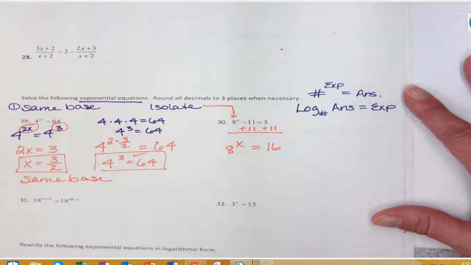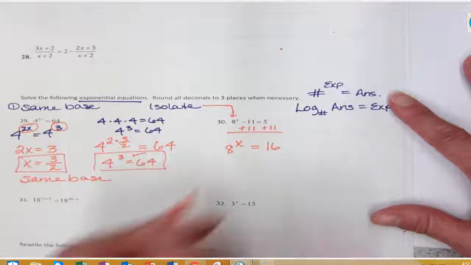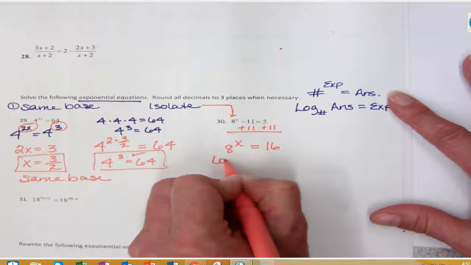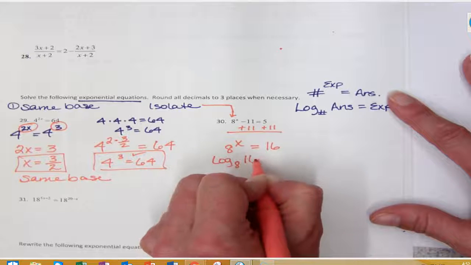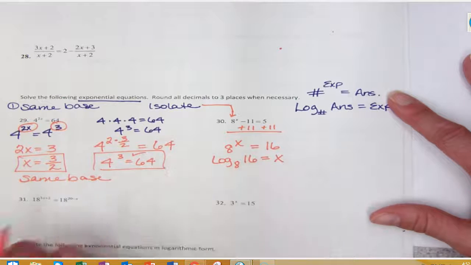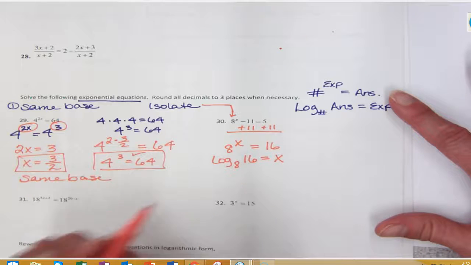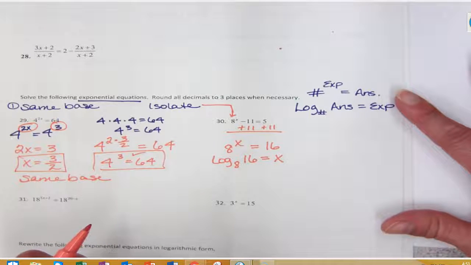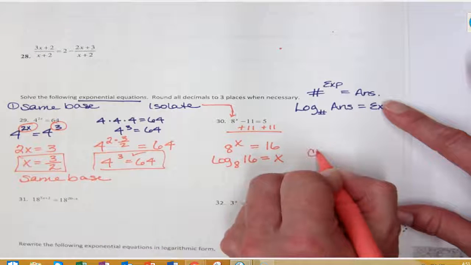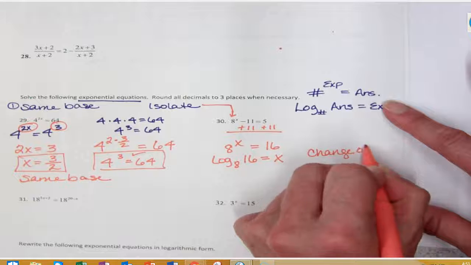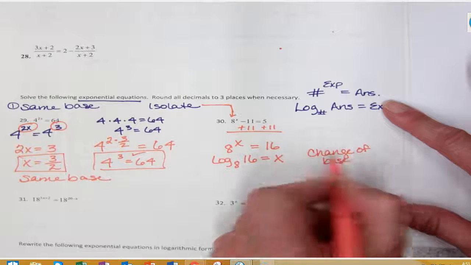I'm trying to think of different ways to do that. So if I write that in a logarithmic situation, I can say, okay, the log base 8 of 16 is x. And so I'm going to look at that and say, all right, I really don't know what that is either. So I can use my change of base formula.